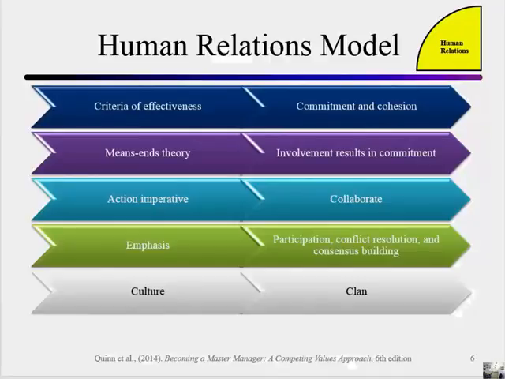Means ends theory is really looking at the end product and the goal, the final goal where you want to go, and then backtracking and thinking, how can I achieve that strategic end? So the means to get to the end is really involvement, which results in commitment. So there's a lot of consultation with the human relations model.